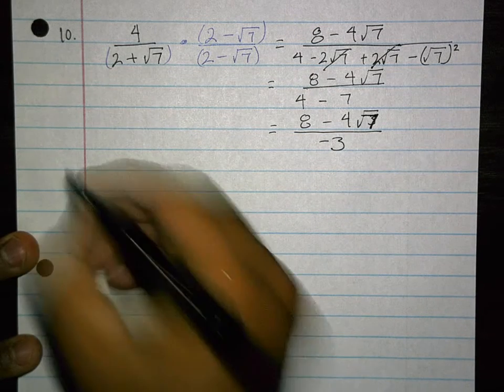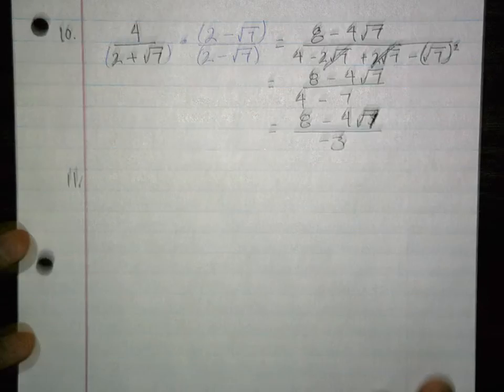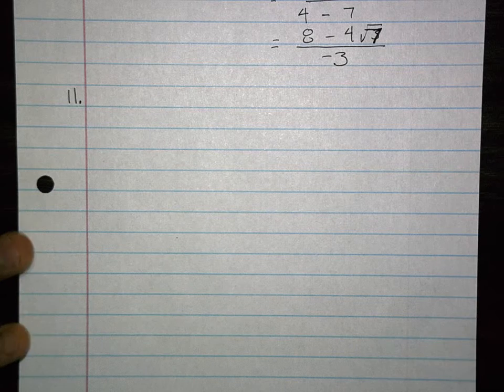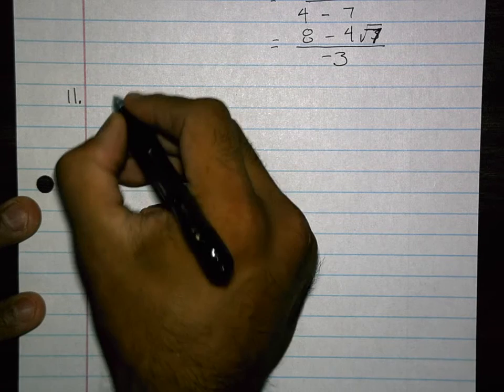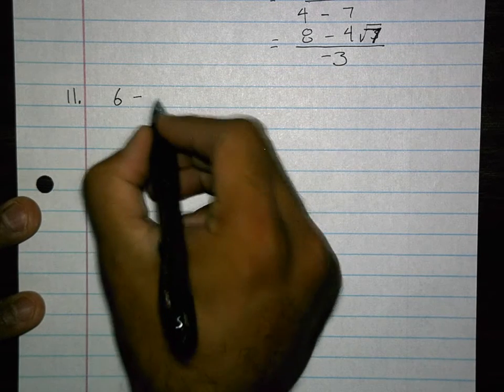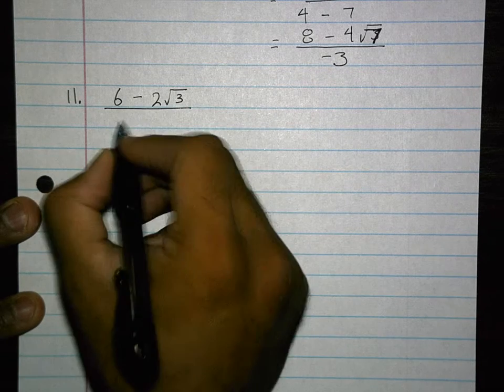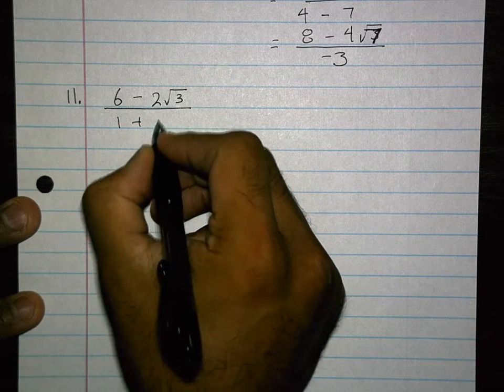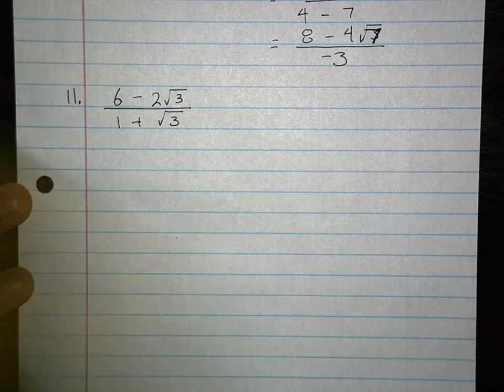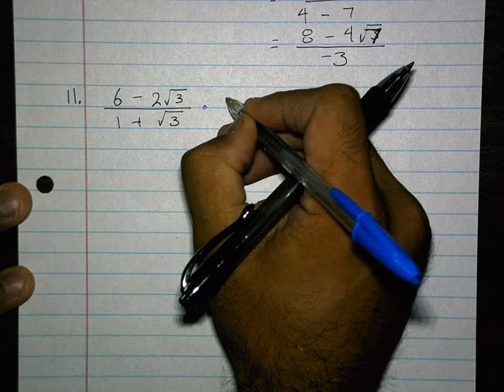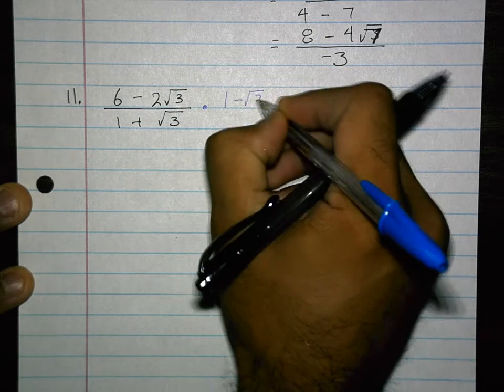Okay. 11 is 6 minus 2 root 3 all over 1 plus root 3. And once again, I've got to multiply by the conjugate of the bottom, right? But I've got to do it to the top and the bottom.